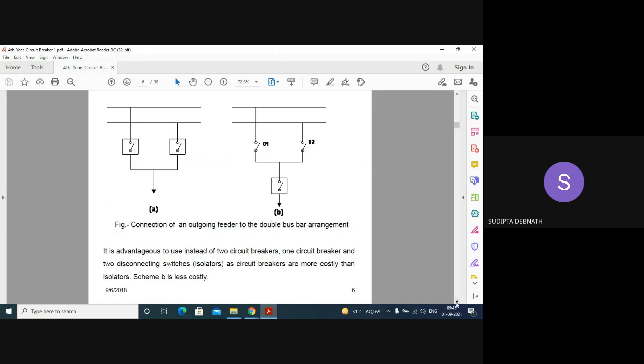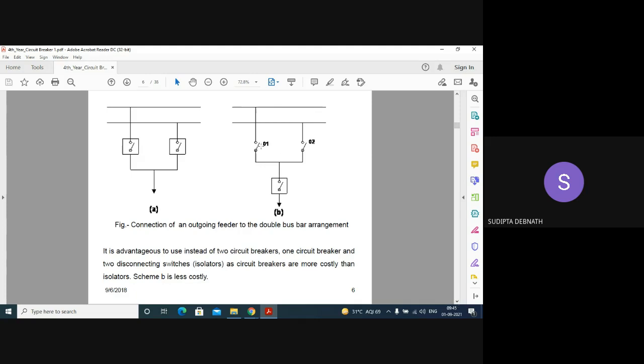Now, there is an interlocking mechanism for the isolators. What is the interlocking mechanism? Under no load condition, first the isolators can be switched on, then the circuit breakers. But when it is under loaded condition, you cannot operate the isolators.